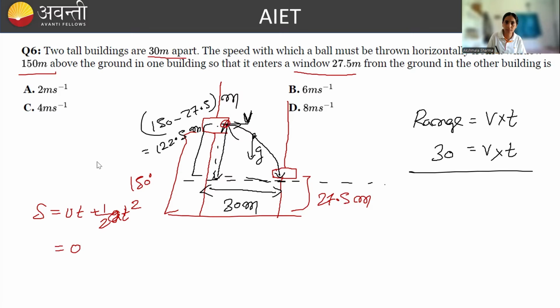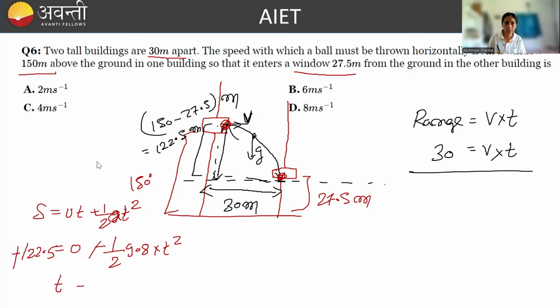And when the ball is coming from here to here, how much vertical distance is it covering? Minus 122.5. Why minus? Because I have taken the downward direction as negative. And here again a will become minus g. So half into 9.8 into T square. So minus minus will get cancelled.